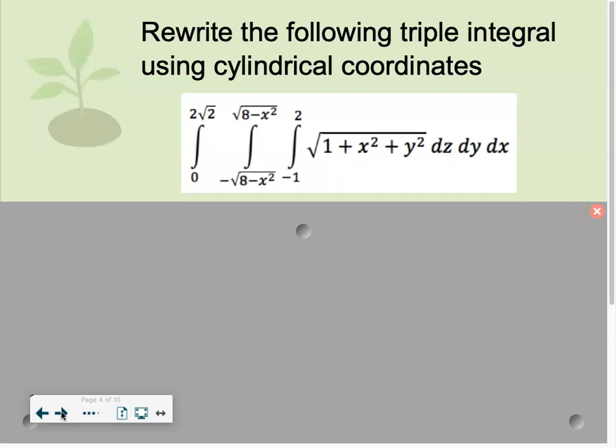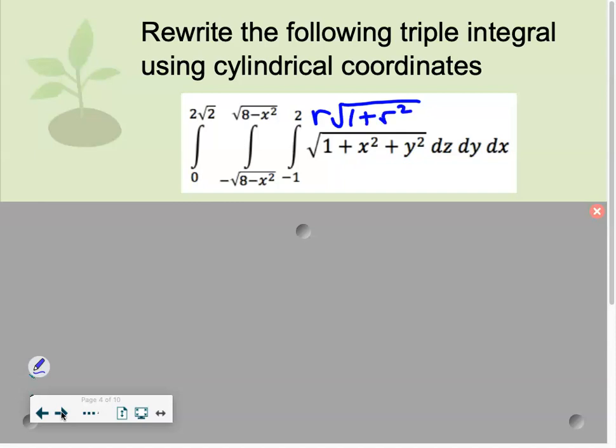So if you look first at your integrand, the integrand's really easy to convert, right? So your x squared plus y squared just becomes r squared, and then you put an r in front. So the only thing you have to do to convert your integrand is just rewrite it as r root 1 plus r squared, right?